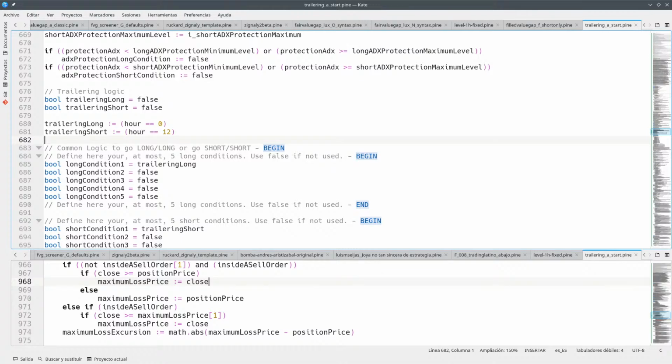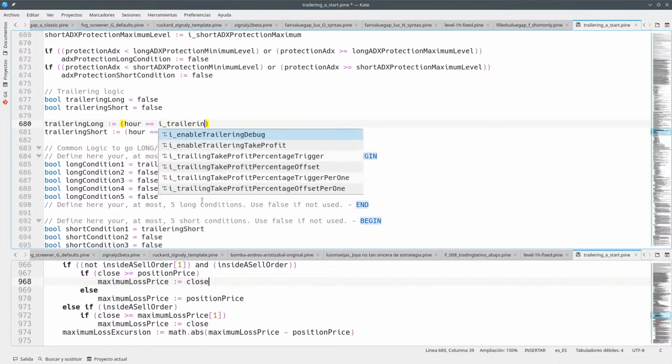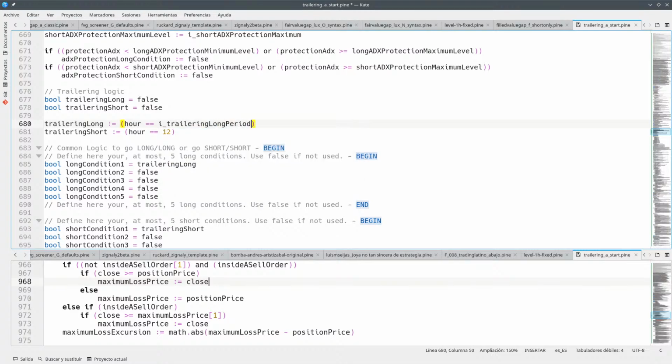So the idea is that you've got this, what's the, so this is the trailing long period, and so this is var index plus trailing offset period equals 0.